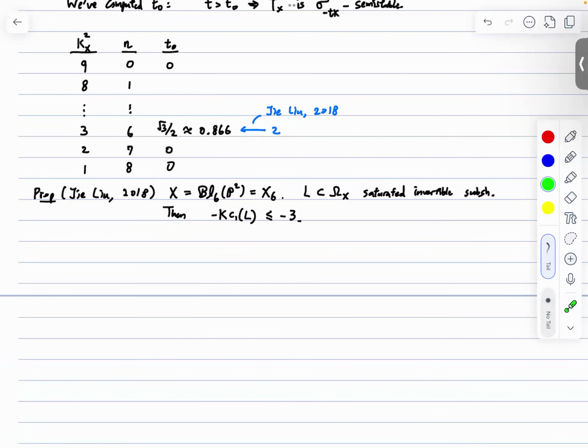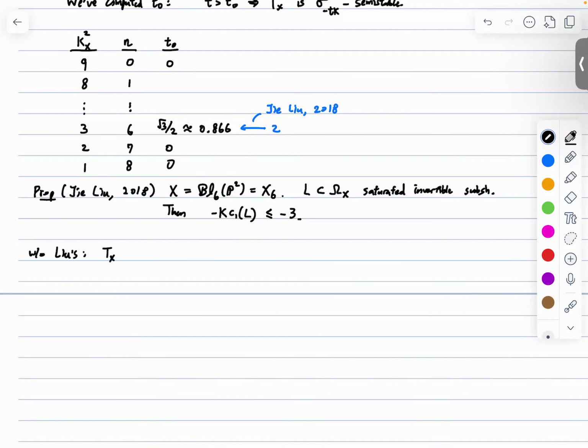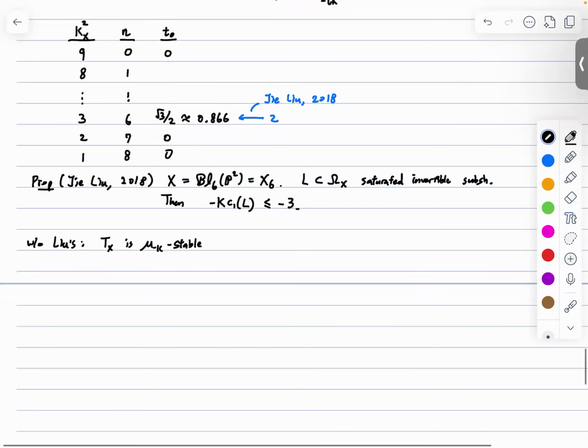So what does this result mean? Let's think about what we can say about this number if we didn't know Liu's result. Without Liu's result, we would know that the tangent bundle at least is slope stable with respect to the anti-canonical class. So the dual of the tangent bundle, namely the cotangent bundle, is also slope stable with respect to the anti-canonical class.